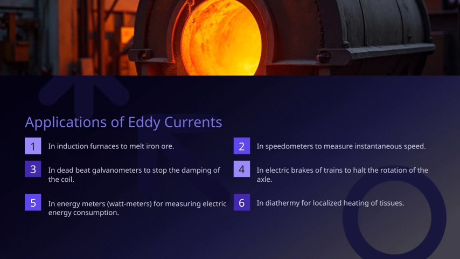Additionally, deadbeat galvanometers utilize eddy currents to quickly stop the damping of the coil, which improves their precision in detecting tiny currents. Finally, eddy currents play a role in induction furnaces, where they are used to melt iron ore efficiently, facilitating the steel-making process. These applications highlight how eddy currents are integral to both industrial and everyday technologies, showcasing their versatility and importance.